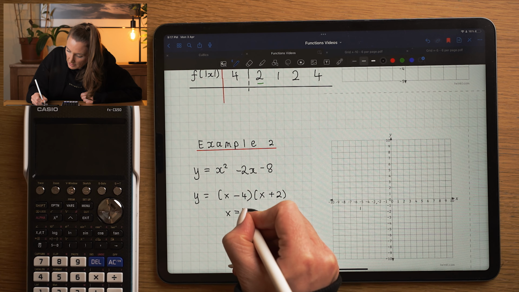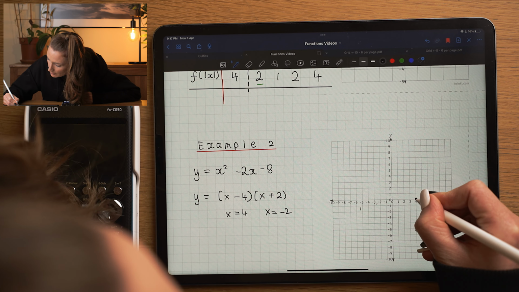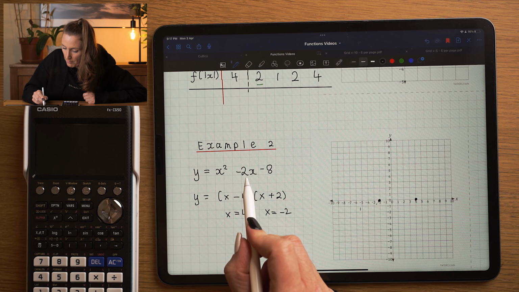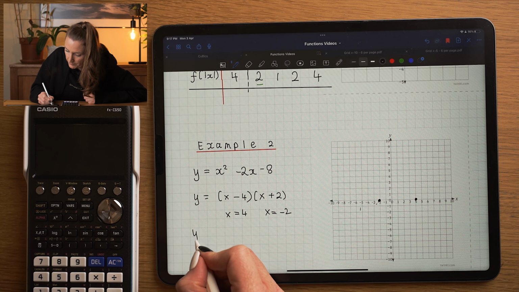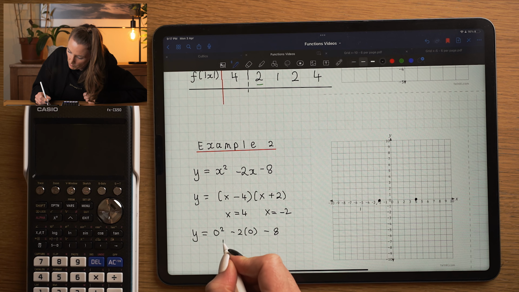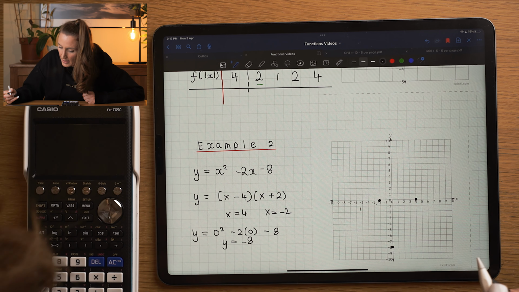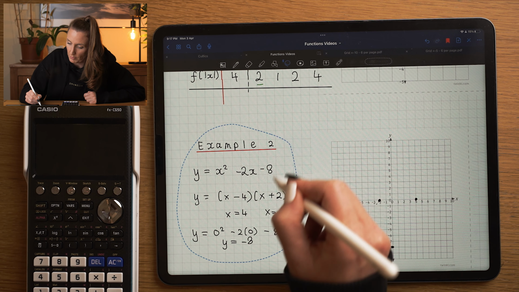So in my case, they're going to be at 4 and -2. I can tell that my y-intercept here will be at when x is equal to 0, -2 times 4, which is -8. So y will be here at -8. So that one. And I also want to look at my minimum point.